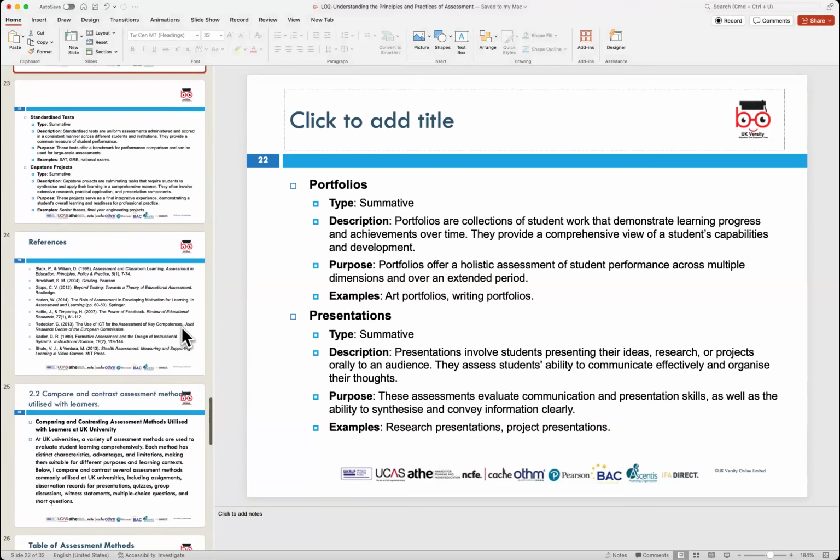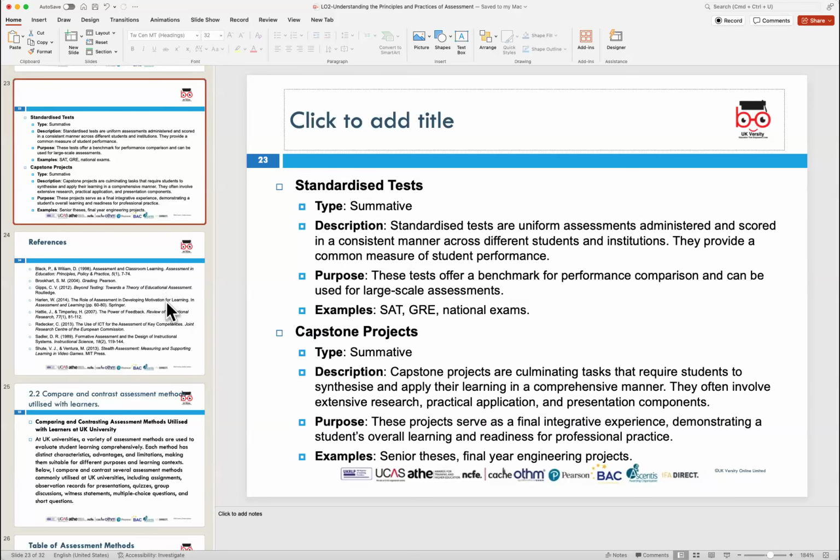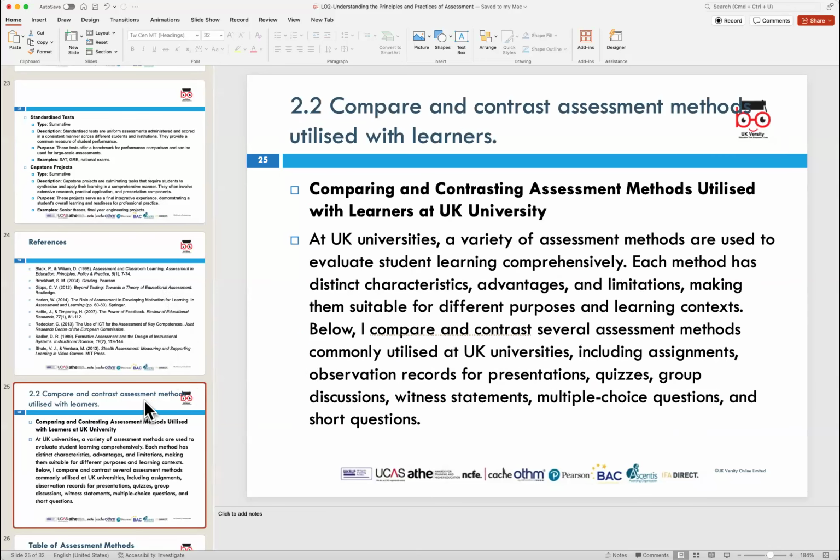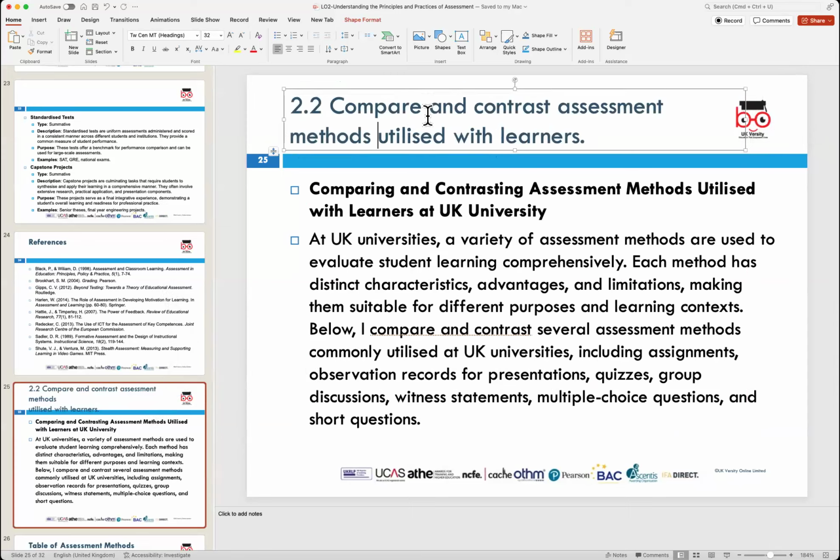So that would cover the identification of assessment methods during the assessment process in detail, which is the first assessment criteria. The second assessment criteria talks about comparing and contrasting the different methods when you're dealing with learners. So why do we need to design and pick the right assessment methods?